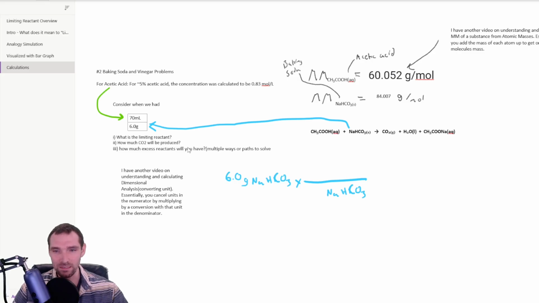So if we've got grams of this stuff and then we want moles of it, in 1 mole, we know that this baking soda weighs 84.007 grams. So we've got the molar mass. You could get this from the periodic table. Sometimes they just give it to you.